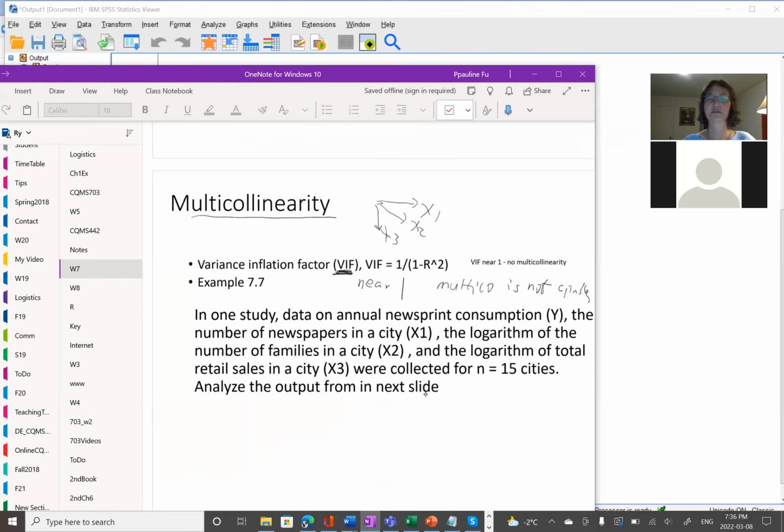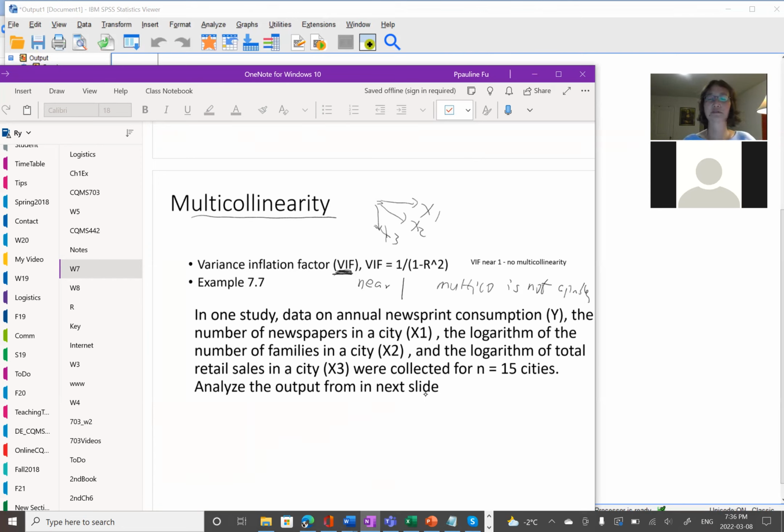First, these are the correlations between X1, so papers, this papers is X1, and then log family is log X2, and log sales is log X3.